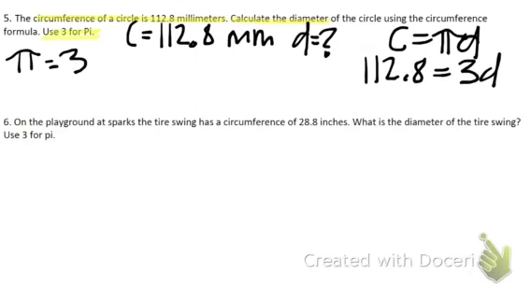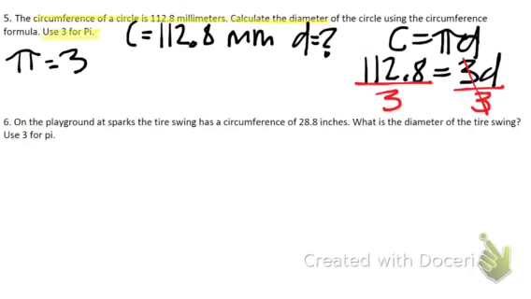So in order to get that diameter, the d by itself, you need to do the inverse operation. So before we were multiplying pi and diameter, and this time we need to divide to figure out what that diameter is. So I'm going to divide by 3 on this side, cross them out, divide by 3 on this side.